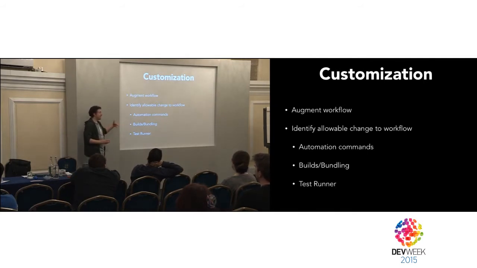So at the minute, Caplin uses JavaScript, but in the future, they might want to move to TypeScript. There is a specific JavaScript bundler, but it might be that they can swap that out and say, right, I'm going to use a TypeScript bundler now, or an AtScript, or a Dart bundler. So you need to be able to change these things, like automated commands, builds, bundling, test runners, and so on.